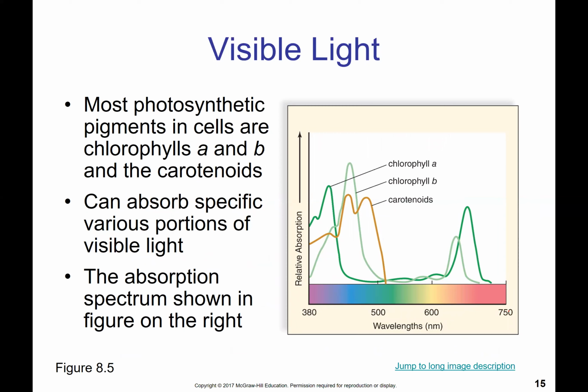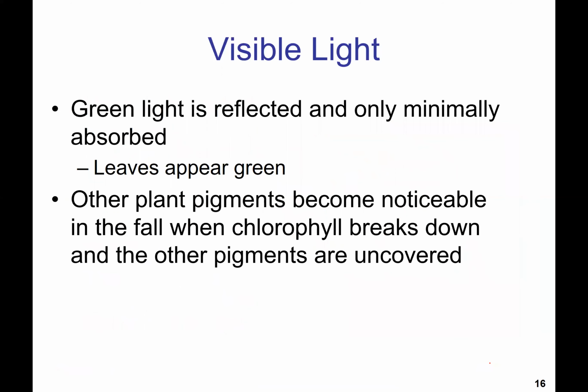Now, most photosynthetic pigments: chlorophyll A, chlorophyll B, and carotenoids, those are our top 3. There's other ones, xanthophyll, things like that, but we're just going to worry about 3, and they can absorb specific portions of light, okay? Now, you might be asking, why are leaves green?